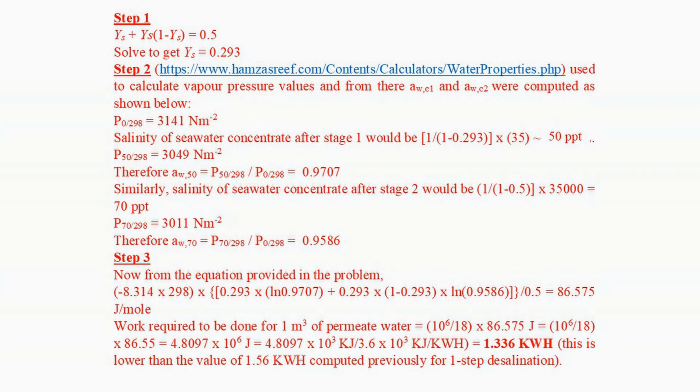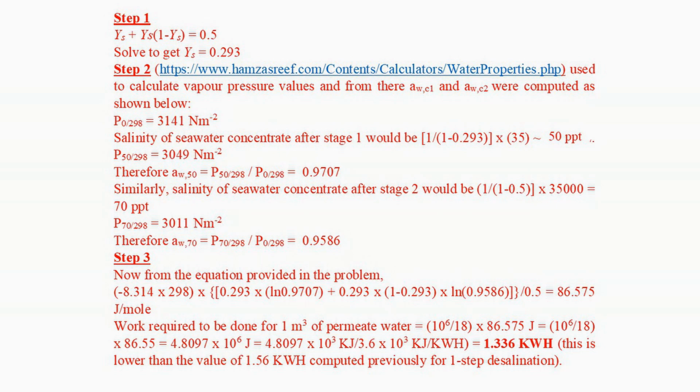Since we have assumed that the recovery in each of these stages will be the same, that is Ys, and when I say recovery, it means recovery with respect to the incoming feed at that stage, we can write the equation as Ys plus Ys times in bracket 1 minus Ys, equal to a total recovery of 50%, which is 0.5. If we solve that equation, we end up getting a value of Ys equal to 0.293.